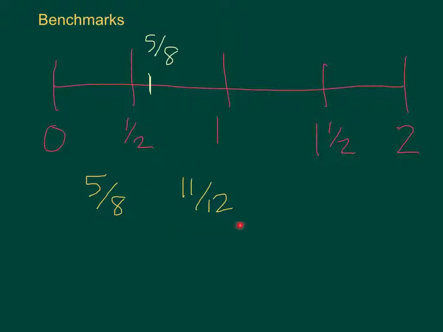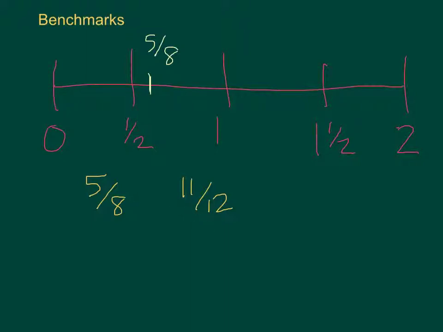Looking at our second example, 11/12. I know that 6/12 is 1/2, so 6/12 would fall in this area. And I know that 12/12 would give me 1 whole. Because 11/12 is in between those two numbers, it's going to fall in this area.